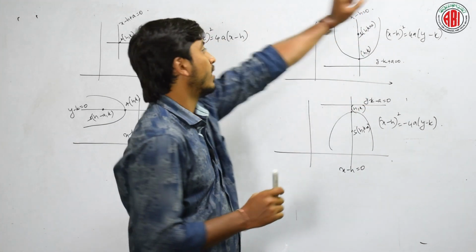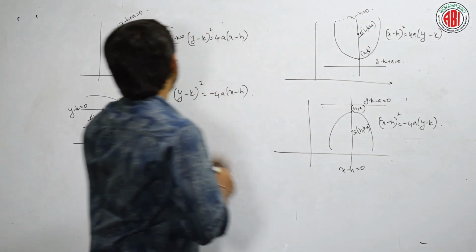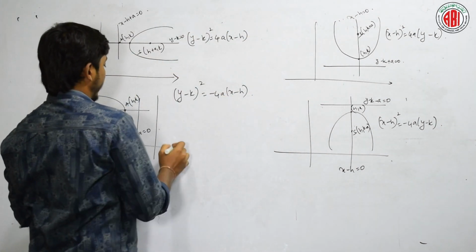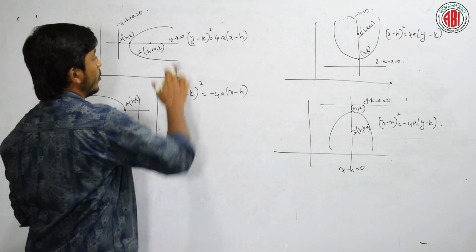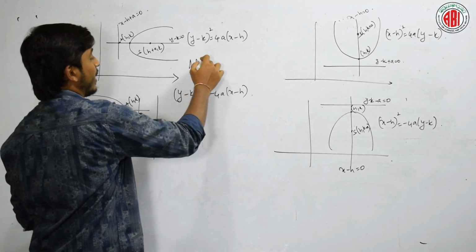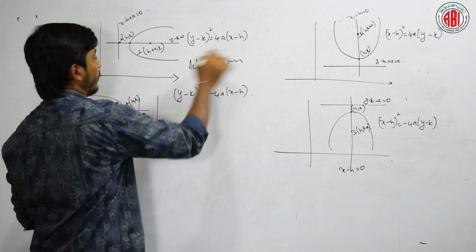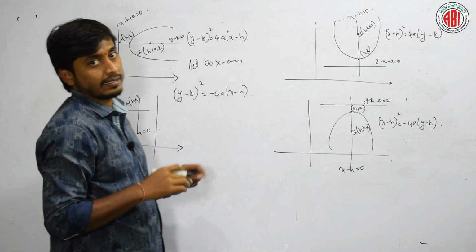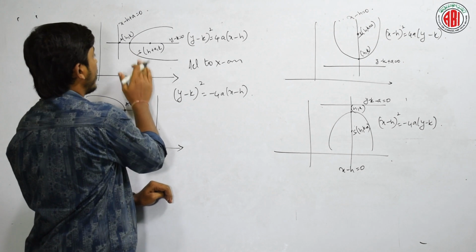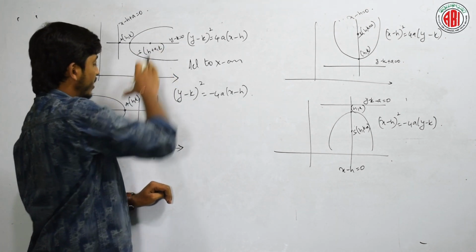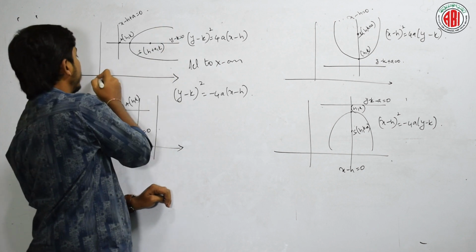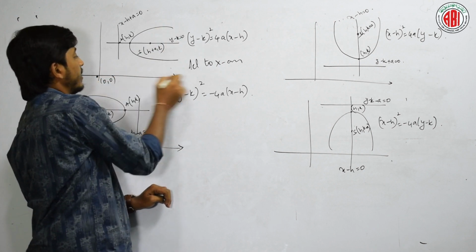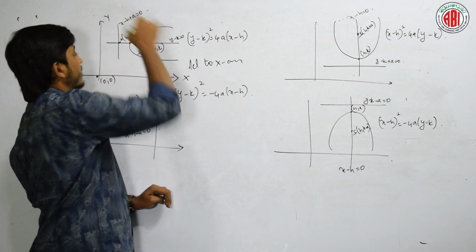See here, as of now, let us discuss 4 varieties, that is equations of parabolas whose axis is parallel to the x axis. These are the 2 cases, that is it has moved to the right hand side, that is in the first quadrant is this, second quadrant is this. So, for this kind of parabola, this is the origin, this is the x axis and this is the y axis.